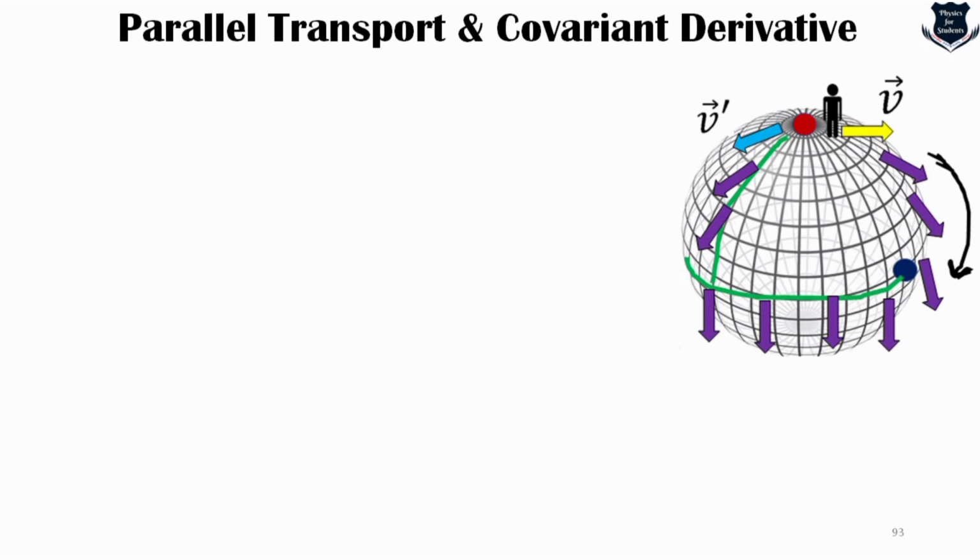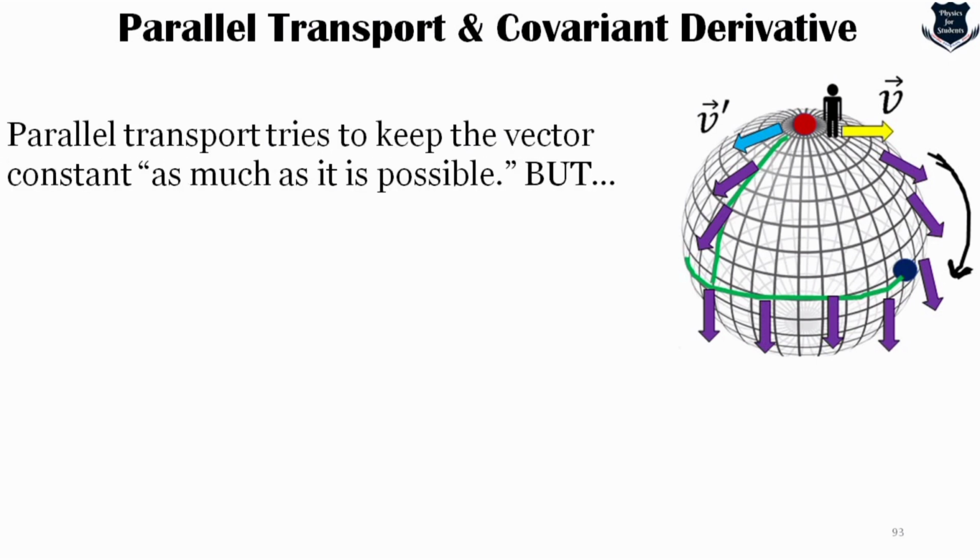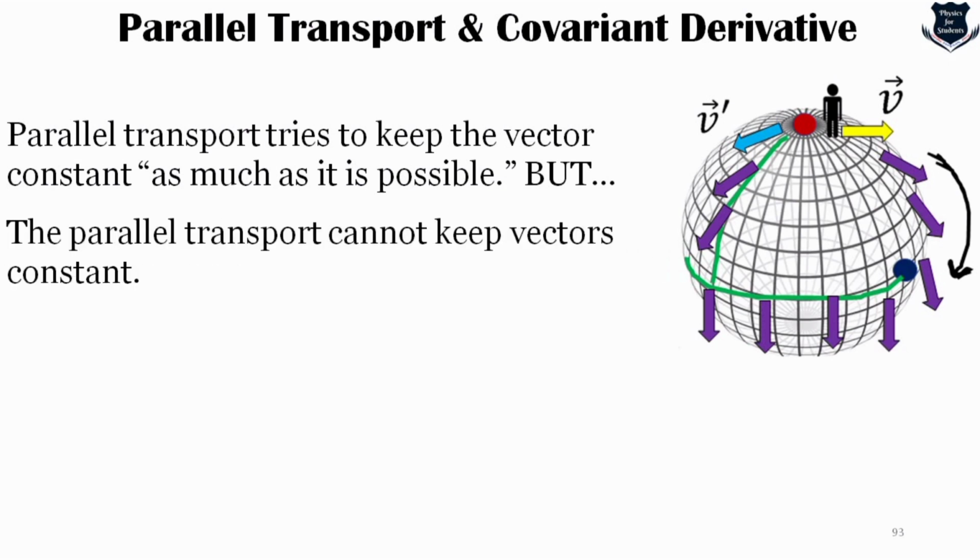But here is a problem. The problem is that in the case of parallel transport, we try to keep the vector constant, but it is not always possible. So parallel transport cannot keep vectors constant. So what is the way out? Here we introduce something called a covariant derivative, which we will explain later in the video.